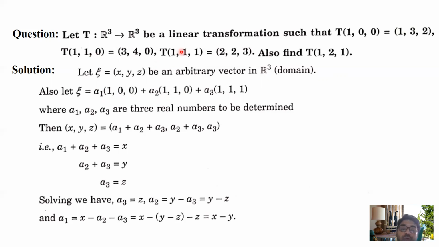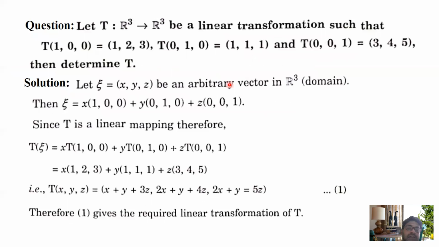If you have a different form, you have to write a1, whatever the form you have; in this problem, (1,0,0), a2 into (1,1,0) plus a3(1,1,1). Please remember, if you have the basis (1,0,0), (0,1,0), (0,0,1) directly, then you can associate x, y, z directly.